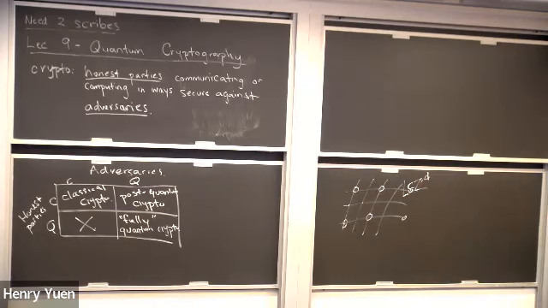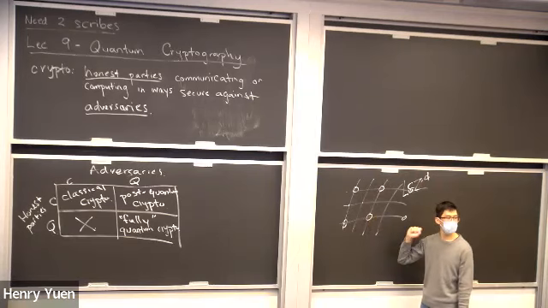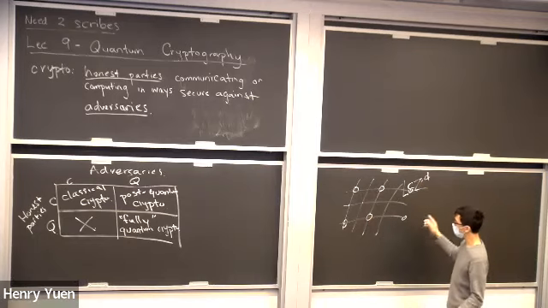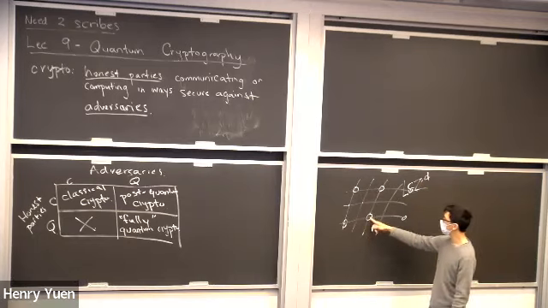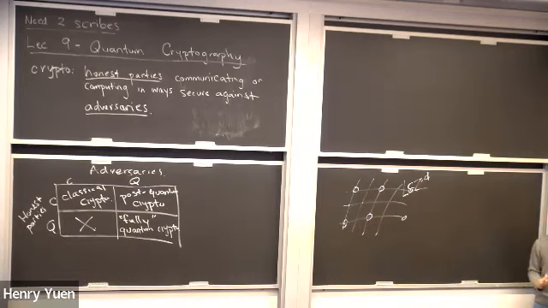Given this basis, your task is to find the shortest non-zero point in this lattice. When you look at the picture, it's kind of obvious. If this is the origin, you say, well, maybe this one's the closest. But if you're just given a basis, it's often not clear what the shortest vector is.